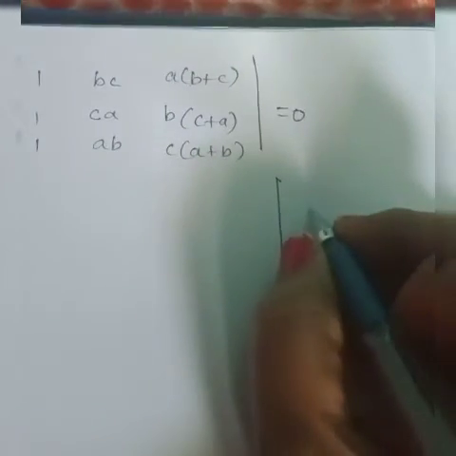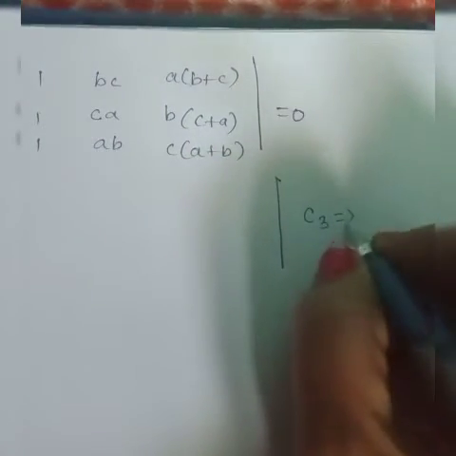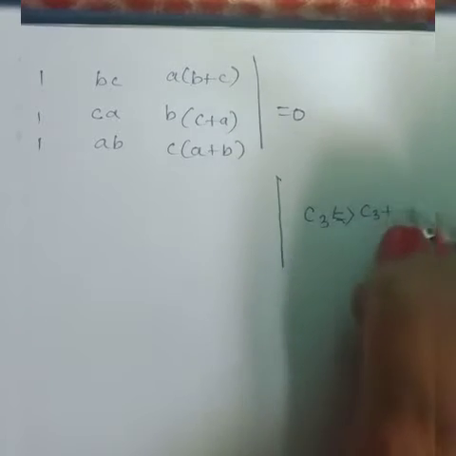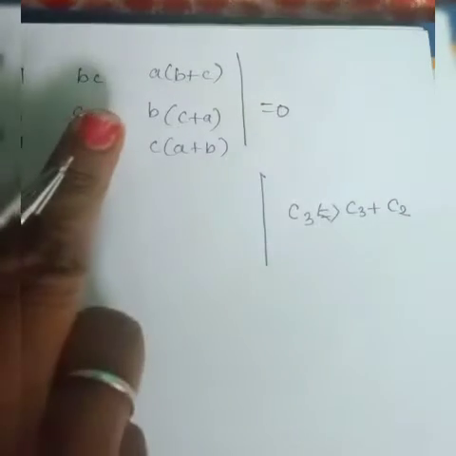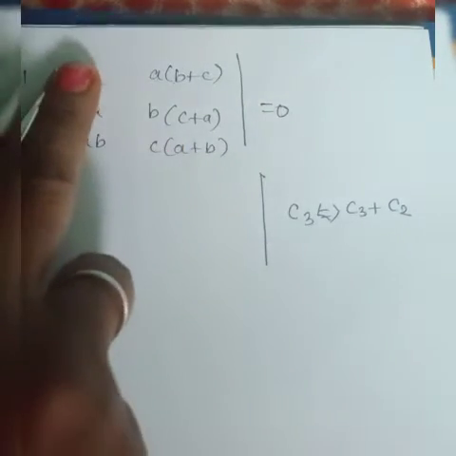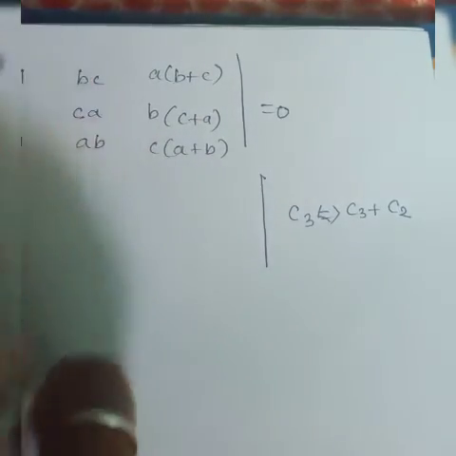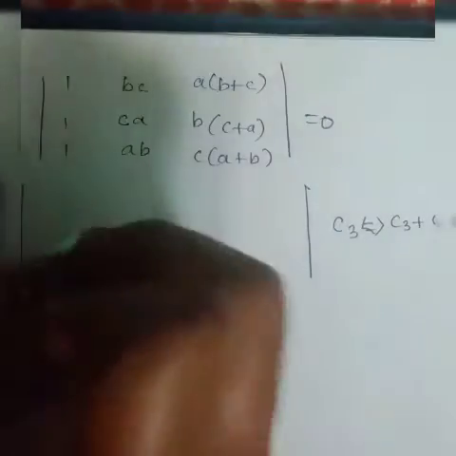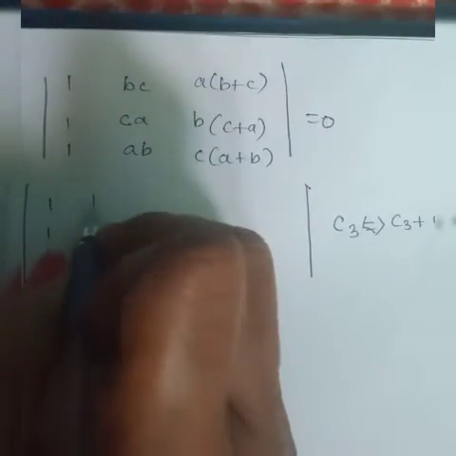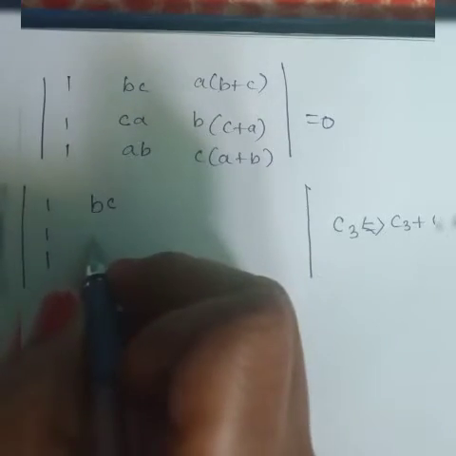I am going to make use of it so that C3 becomes C3 plus C2. I am going to add C2 and C3 and then put it in C3 itself. Column C1 remains the same and column C2 remains the same.